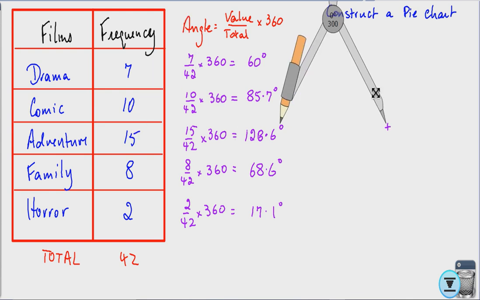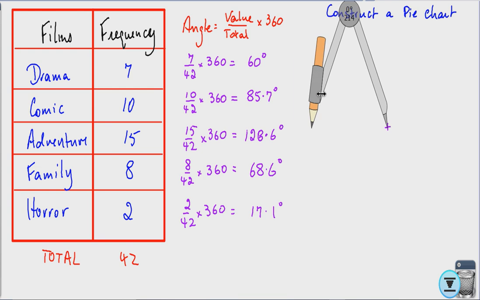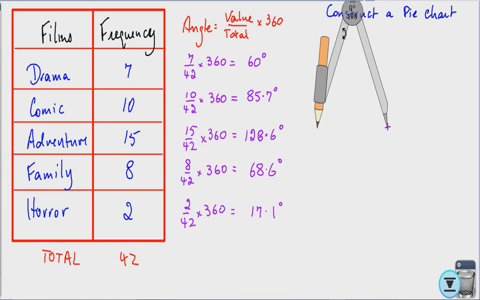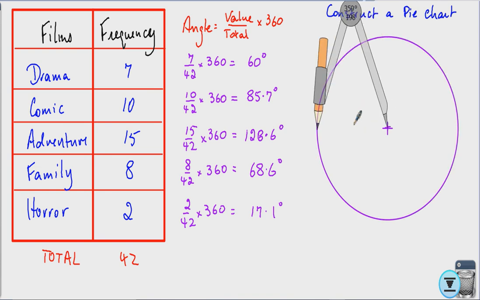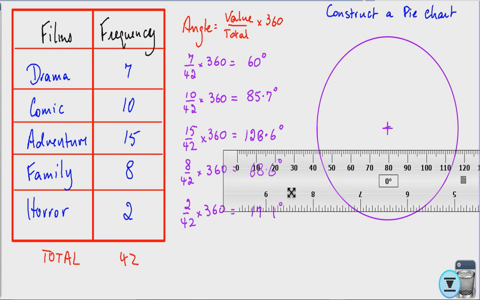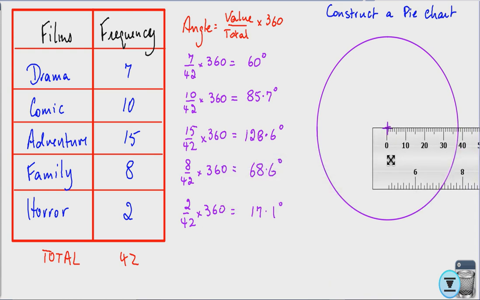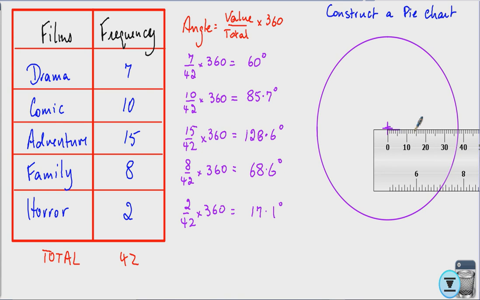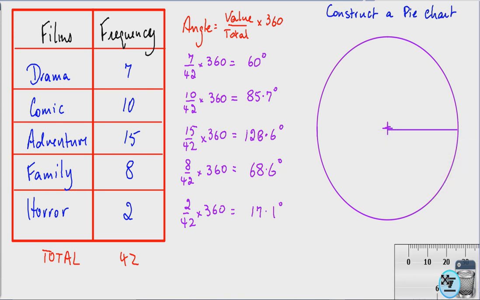Take our compass. Okay, you have to use a radius of about 5 centimeters. Draw the circle. Take your ruler. Start horizontally or vertically. It doesn't make a lot of a difference.